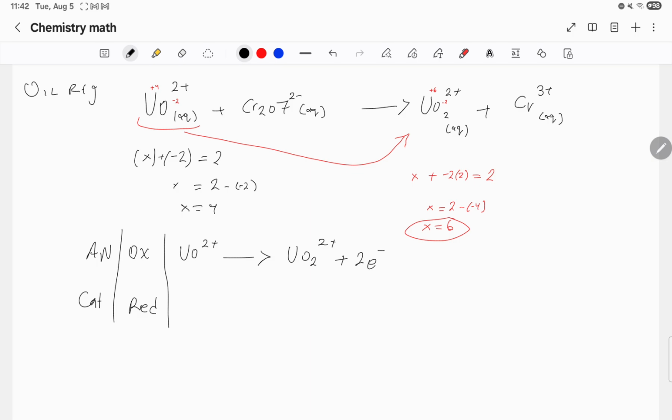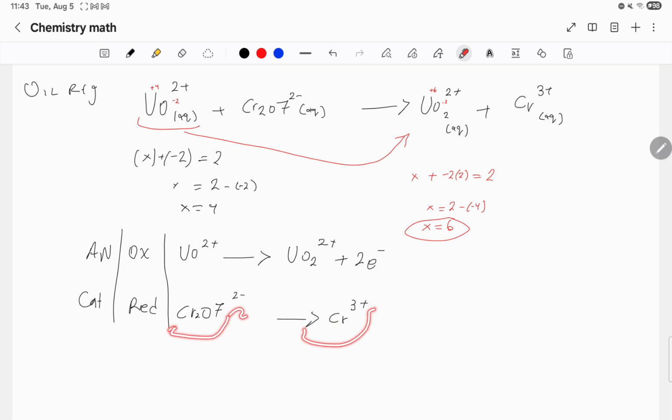Now I got to write my reduction half reaction. So this one's pretty easy. I don't actually have to think about it. I know that this is Cr2O7 2 minus. This becomes, oh sorry, Cr3 plus. Now, what is the oxidation number of these?